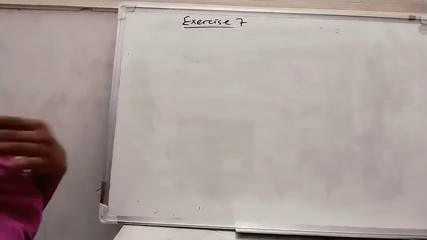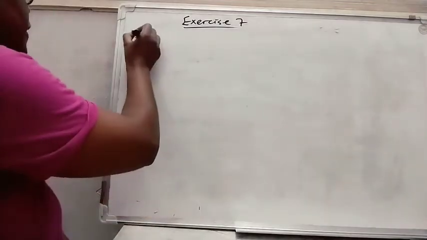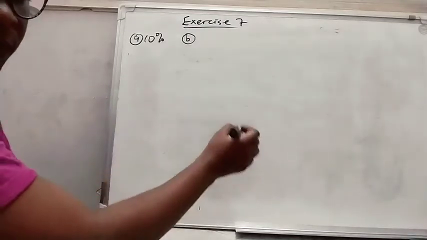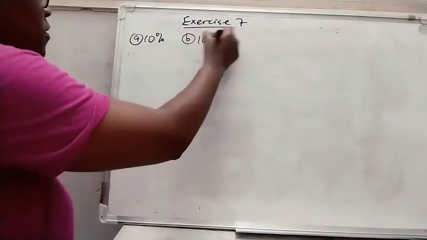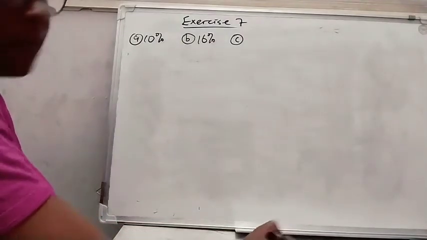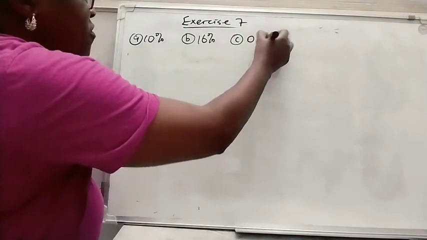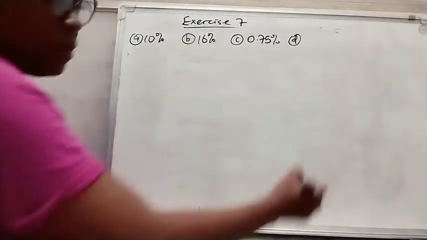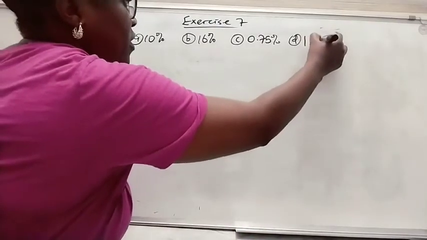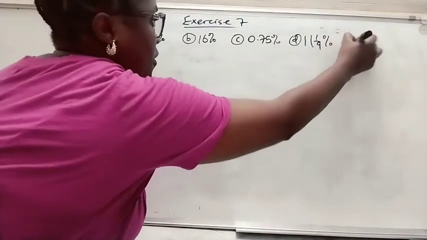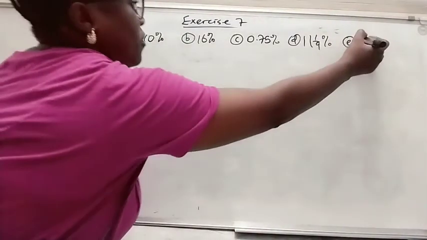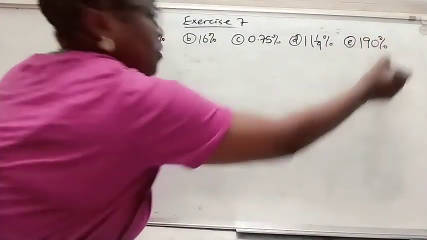So the first one is A, 10%, B, 16%, C, 0.75%, D, 1 over 9%, E, 190%.